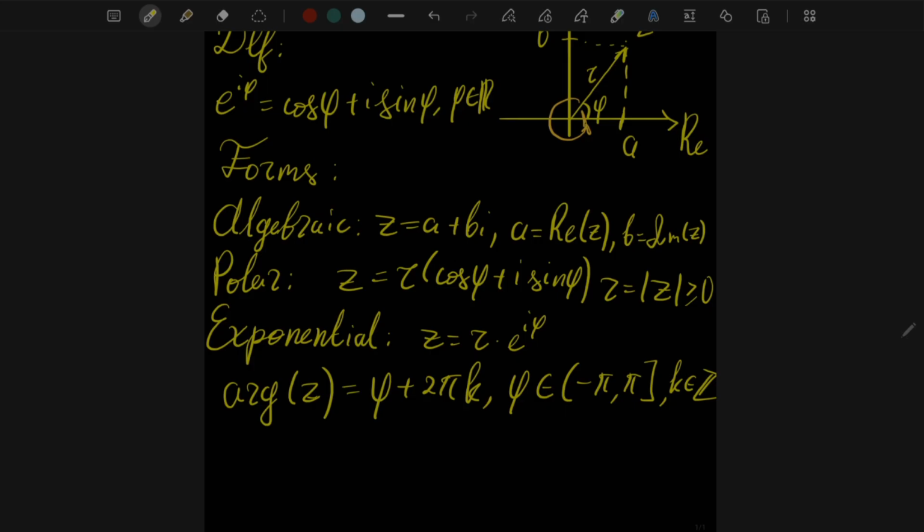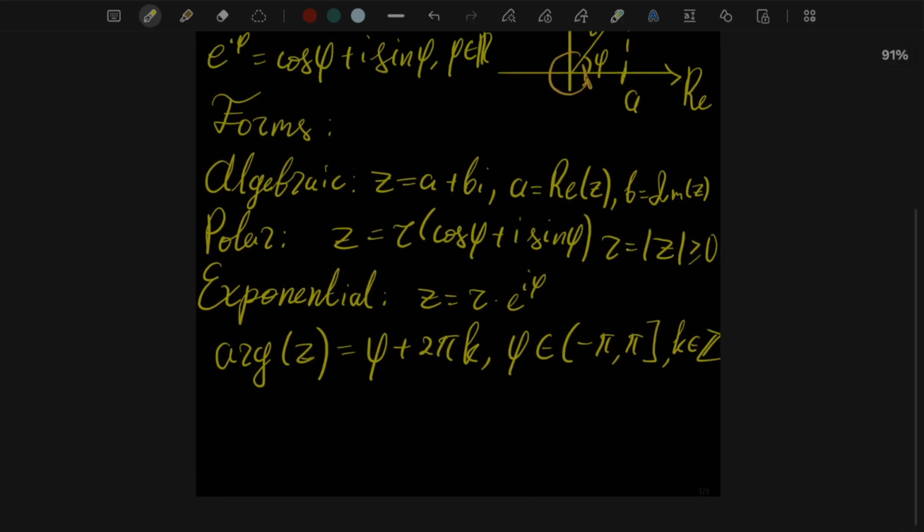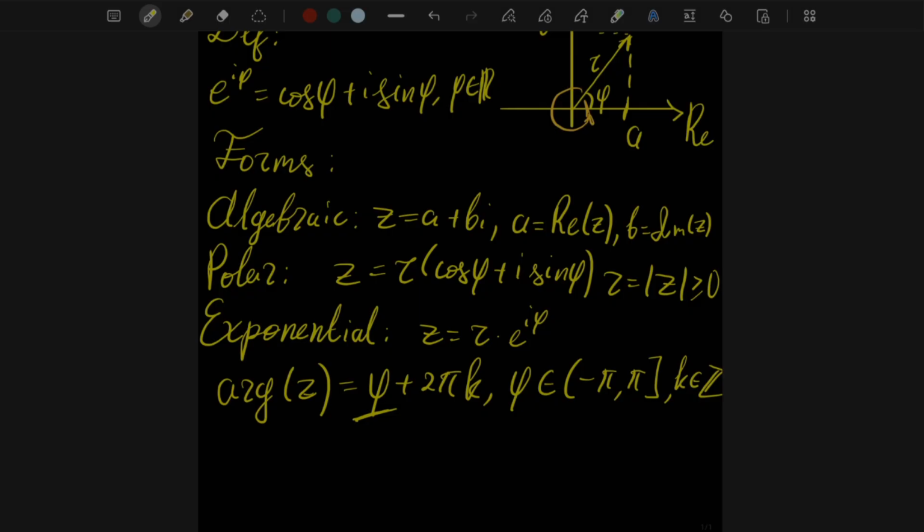So we define the multi-valued argument as its principal value, which will be the principal argument, and we will write it as Arg with a capital A, plus 2 pi k because of the periodicity of our angles.